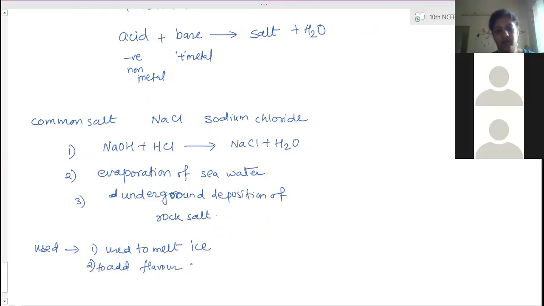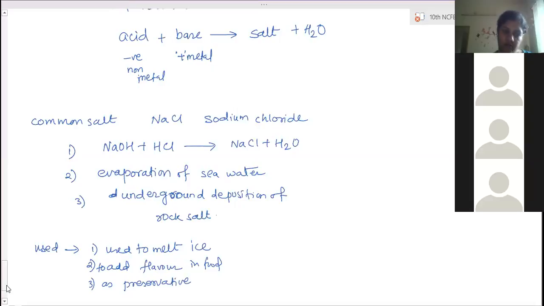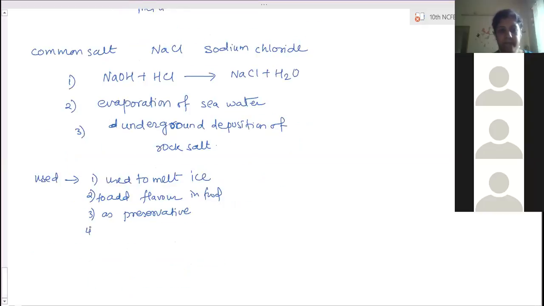As a preservative in pickles. Used in the manufacture of chemicals like baking soda. Even washing soda also.